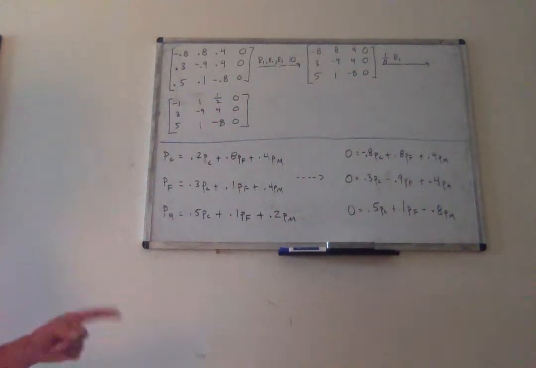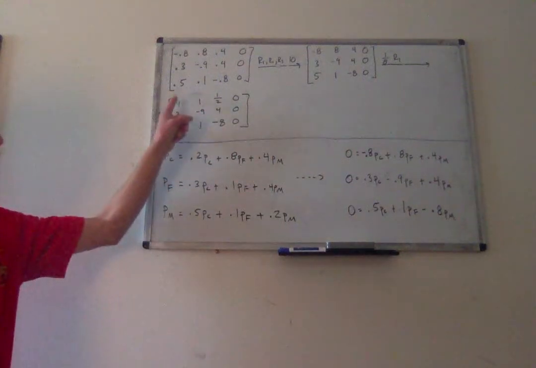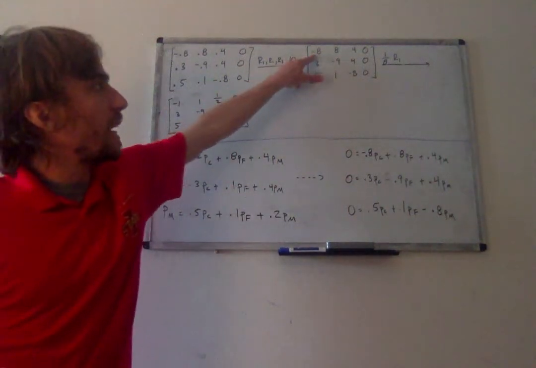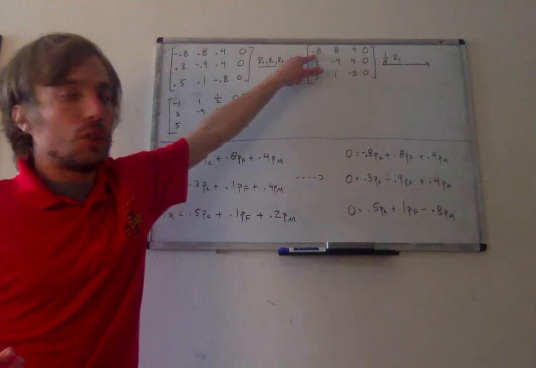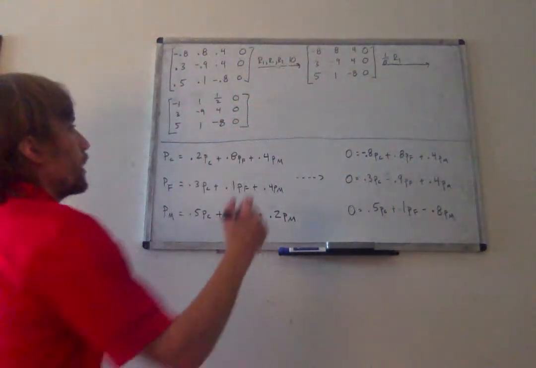So my reason for doing this, I know it adds a fraction, but I notice this 8 is going to become my pivot position, right? And so I'm going to use this 8 to clear out the 3 and the 5.